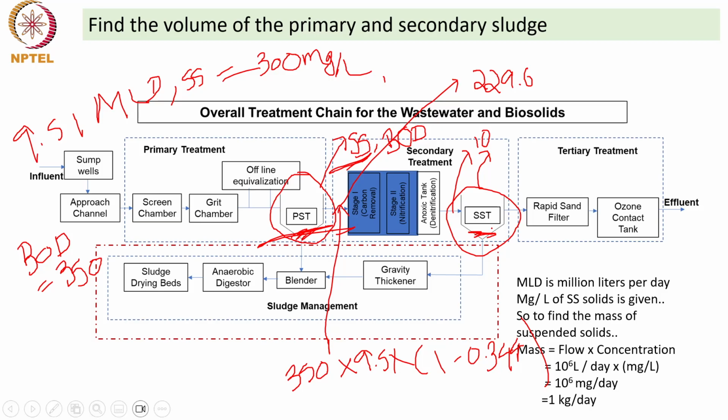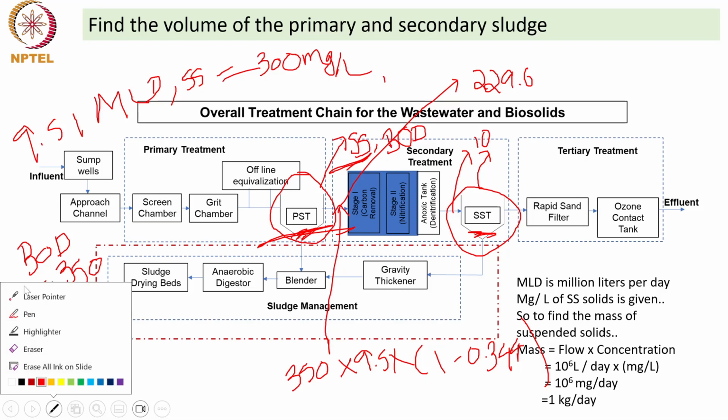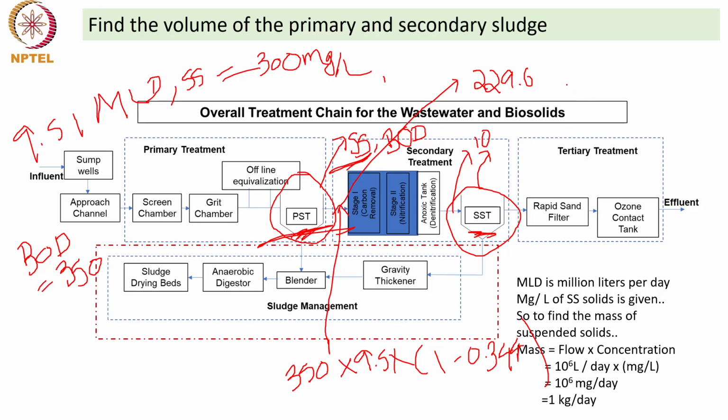So the bacteria present inside the MBBR unit is eating 219.6 mg per liter of BOD.